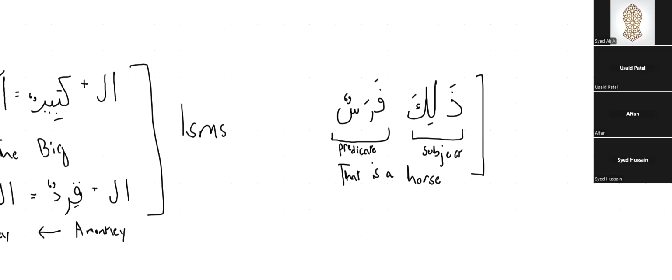I'll write it in English first. Mubtada khabar. The subject is the mubtada, and the khabar is the predicate.